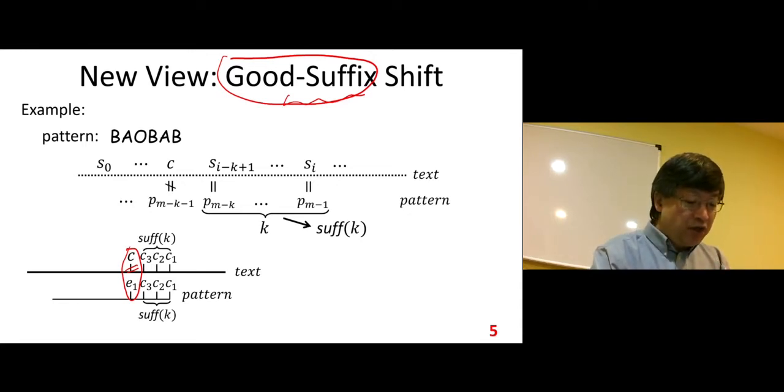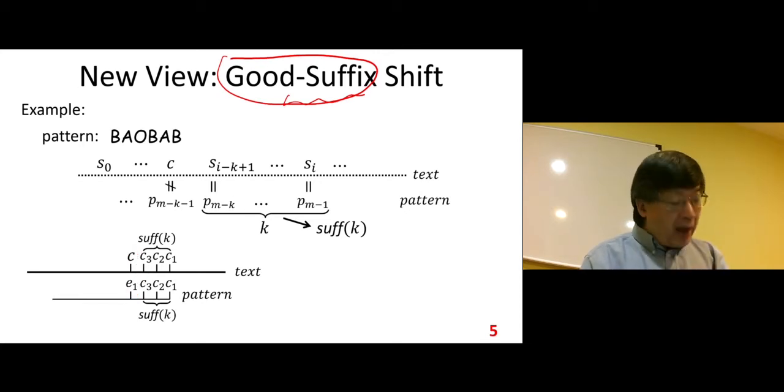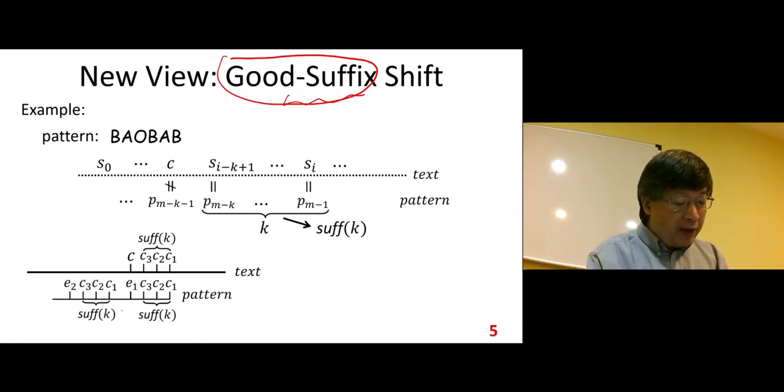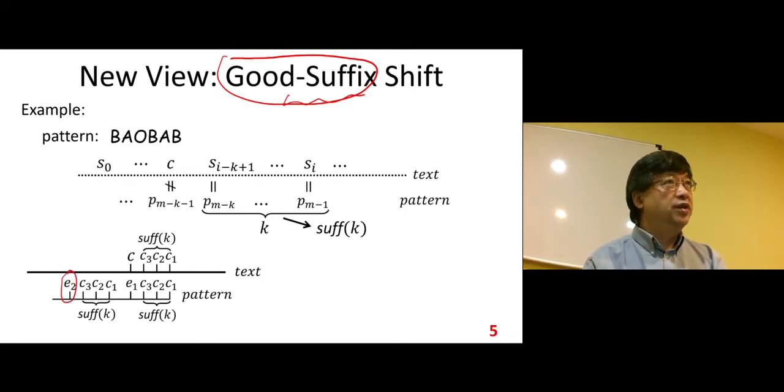So C and E1 should be different. Then in the later part of the pattern, we want to find another good suffix part, with a character E2 after the good suffix part. So we need to find another matching part.